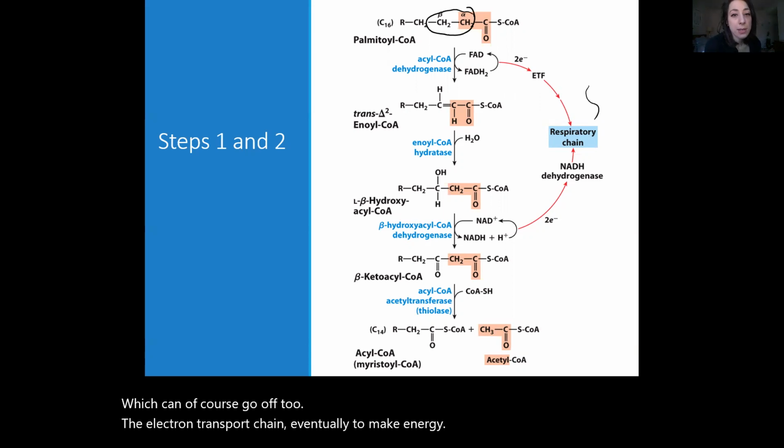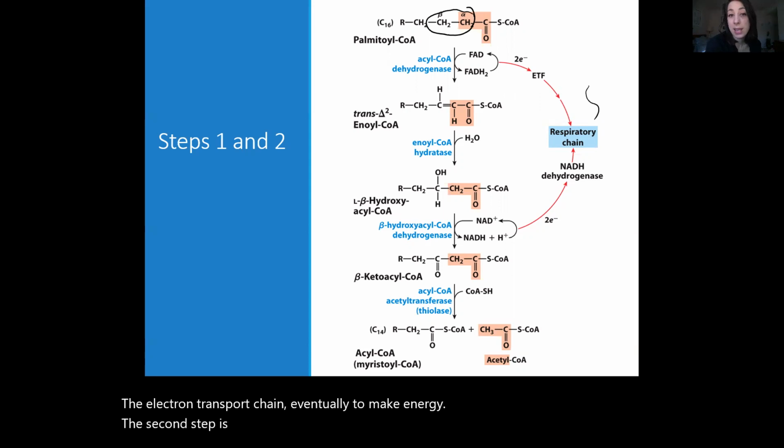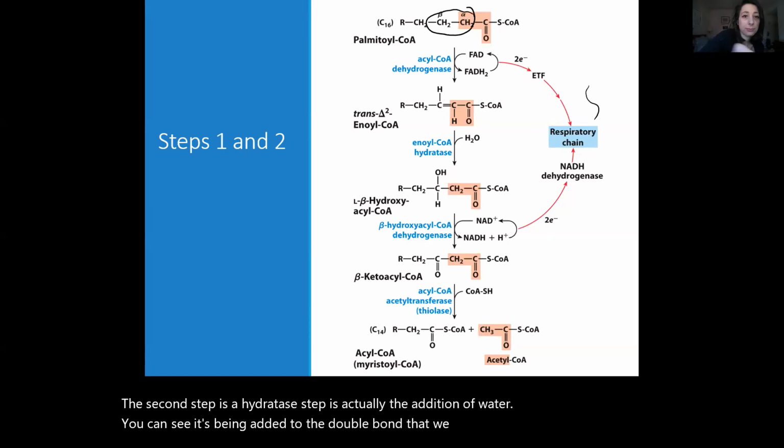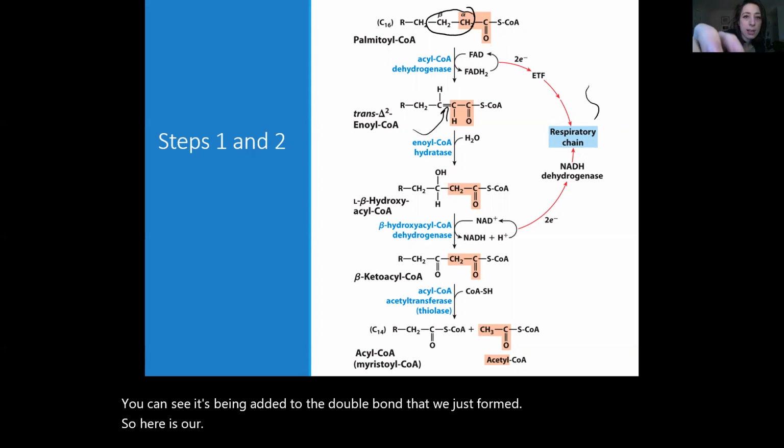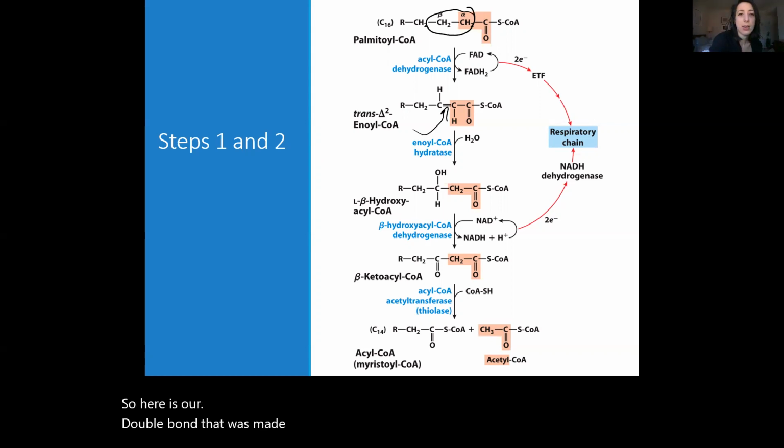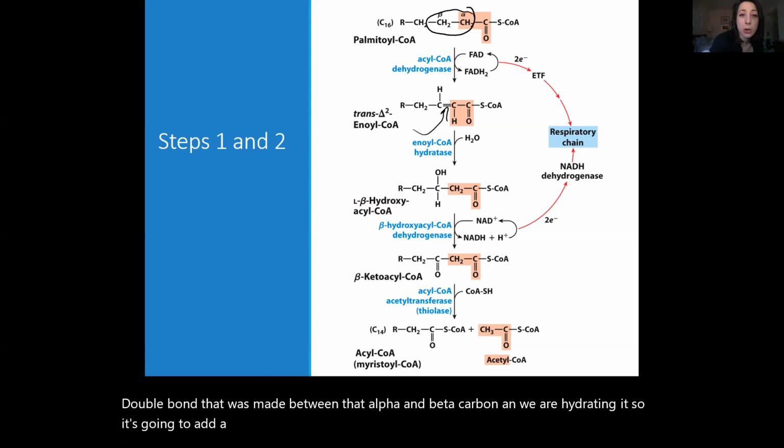The second step is a hydratase step. It's actually the addition of water. You can see it's being added to the double bond that we just formed. So here is our double bond that was made between that alpha and beta carbon, and we are hydrating it. So it's going to add a hydrogen on one side and an OH on the other side.